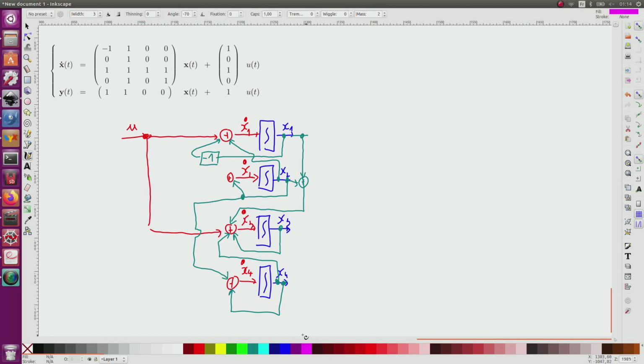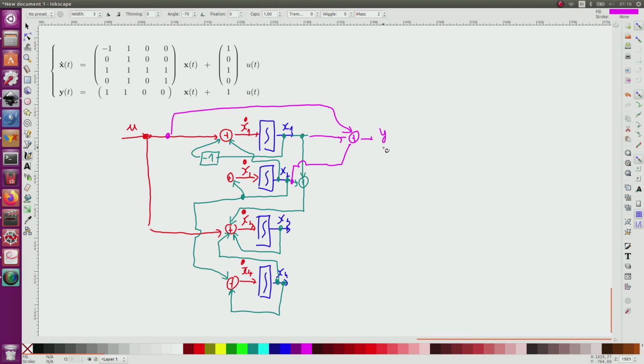so x2 here, okay. And now for y I will have the sum of x1 and of x2. I have also u. So to study the transfer from u to y, I am interested by all paths that start from u and go up to y.